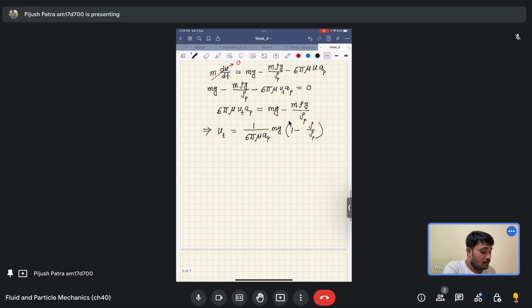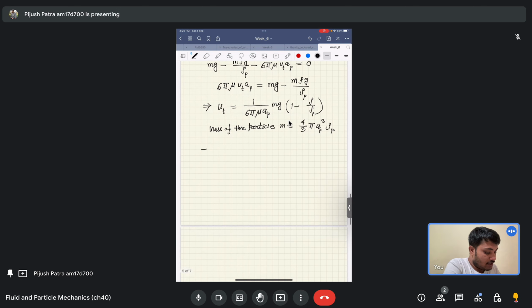So what is the mass of the particle? The mass of the particle m is equal to 4 by 3 pi radius cube into rho p, right? I'll just put that.